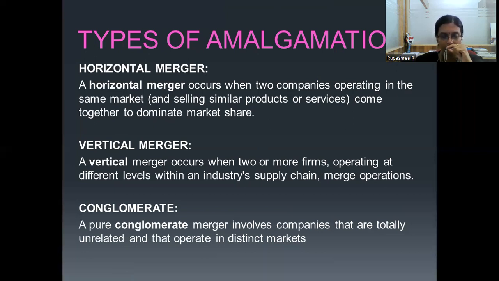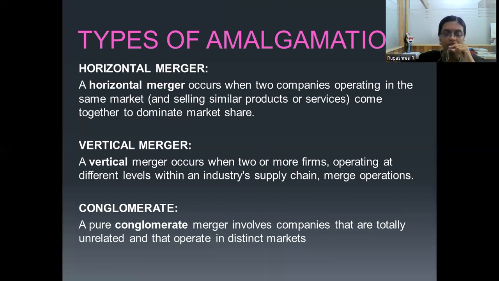So these two companies merged together to become Vodafone Idea in India, in order to face the cutthroat competition in the market. So when two companies belonging to the same nature of business combine and form a single entity, we call such mergers or amalgamations a horizontal merger.